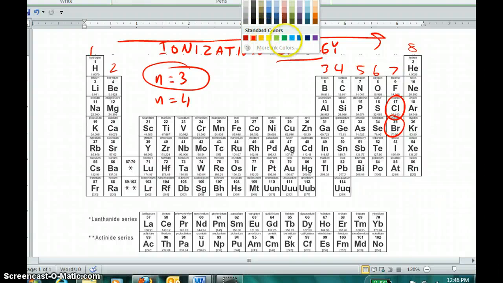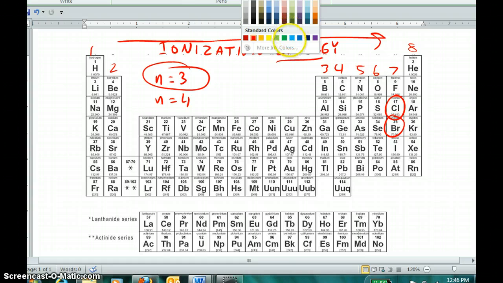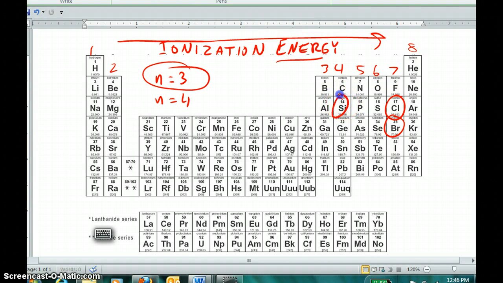Now, if instead I were to pick, say, silicon, and aluminum as comparison. Now, I remind myself that as I go left to right, an effective charge is generally the argument. And I just check to make sure it's not between groups 2 and 3 and 5 and 6. And 3 and 4 is not an exception.